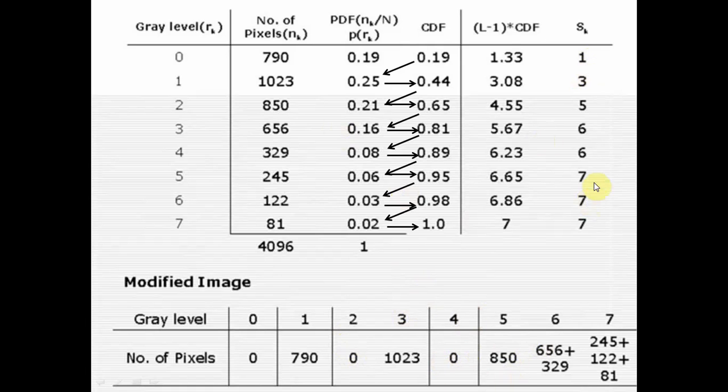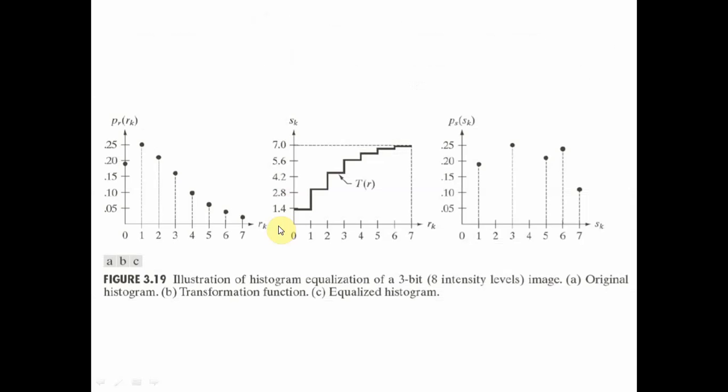Now 6 is the combination of 3 and 4, and 3 and 4 have repetitions of 656 and 329. So 656 plus 329. For the new gray level 7, 245 plus 122 plus 81, and you will draw the histogram like this.